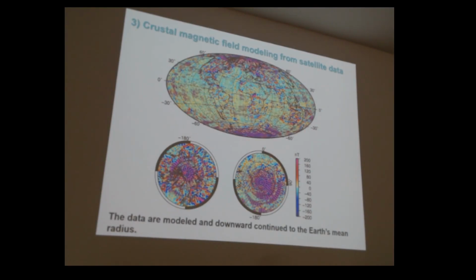remind you that the model is obtained at 400 kilometers altitude, but you want it at the Earth's surface. So you are actually doing a downward continuation. And this downward continuation, because of, let's take the potential.